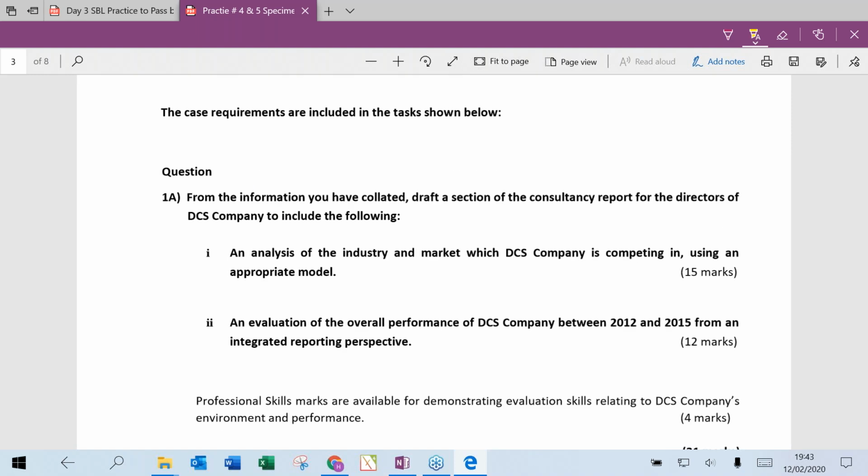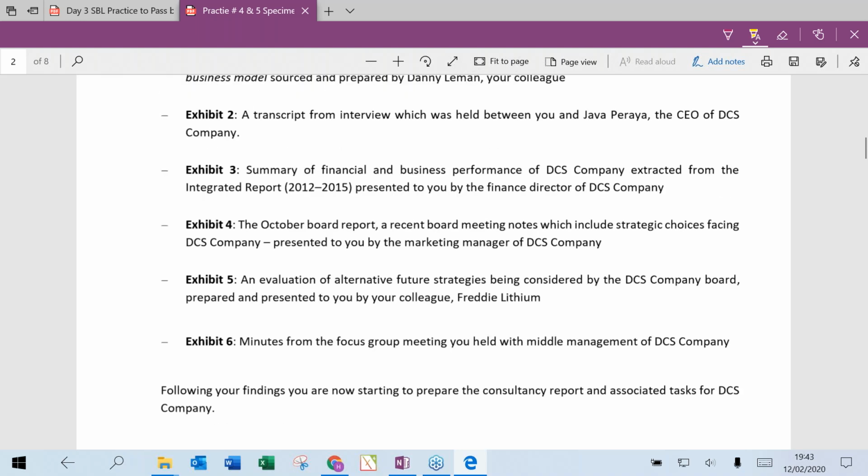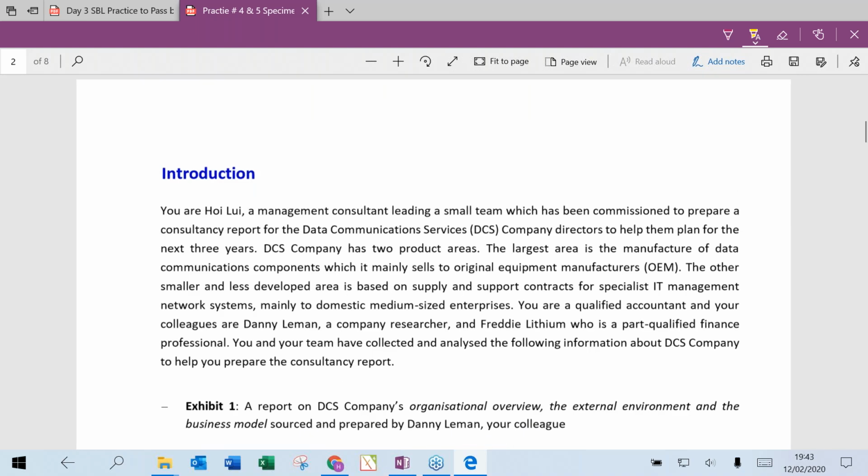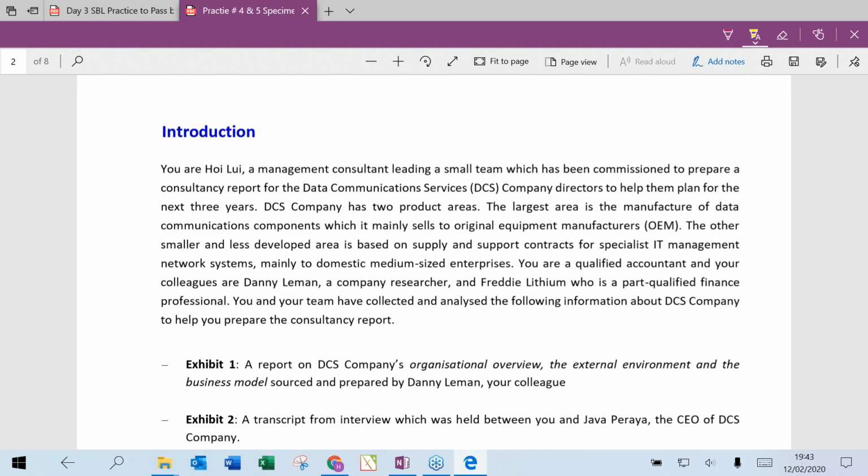1A1 was about Porter's 5 forces, and 1A2. Okay, so let's adopt the usual style. We will first read the introduction. You are Hui Louis, a management consultant leading a small team which has been commissioned to prepare a consultancy report for the Data Communication Services DCS company directors to help them plan for the next 3 years.